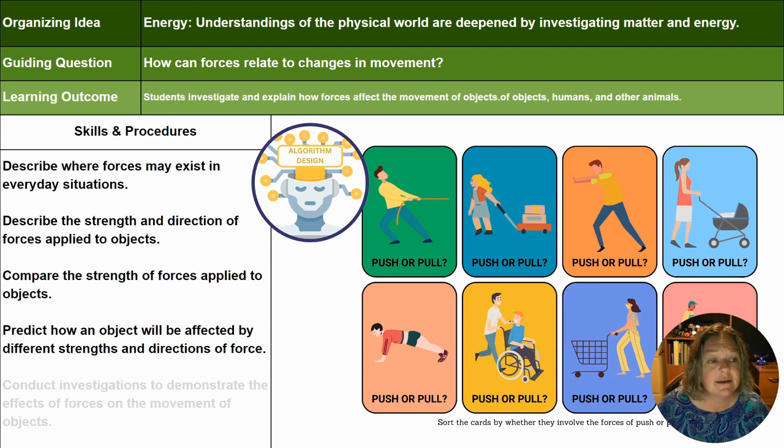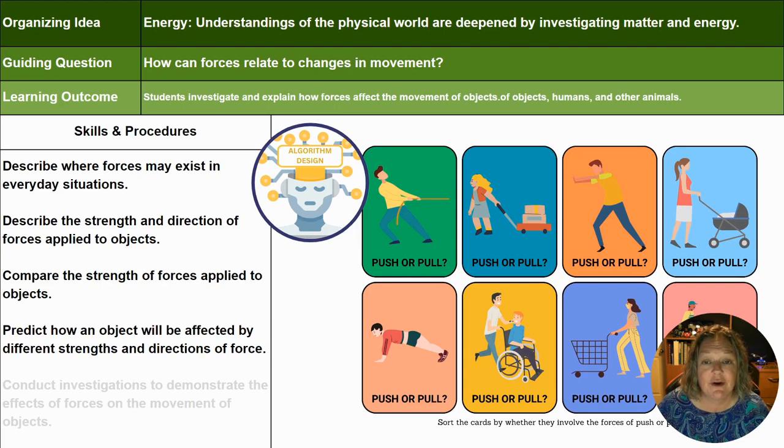So just looking at some of these skills and procedures that you have in your energy unit, we're looking at describing some things, and we're talking about comparing, and we're also talking about predicting. So these are some very concrete science concepts. We're talking about force. So here, let's just say we're talking about force specifically as it is push or pull.